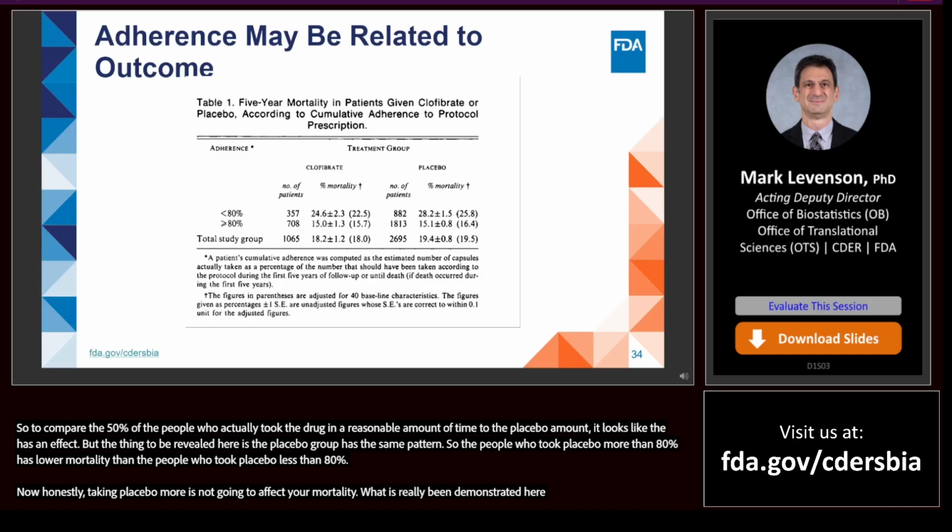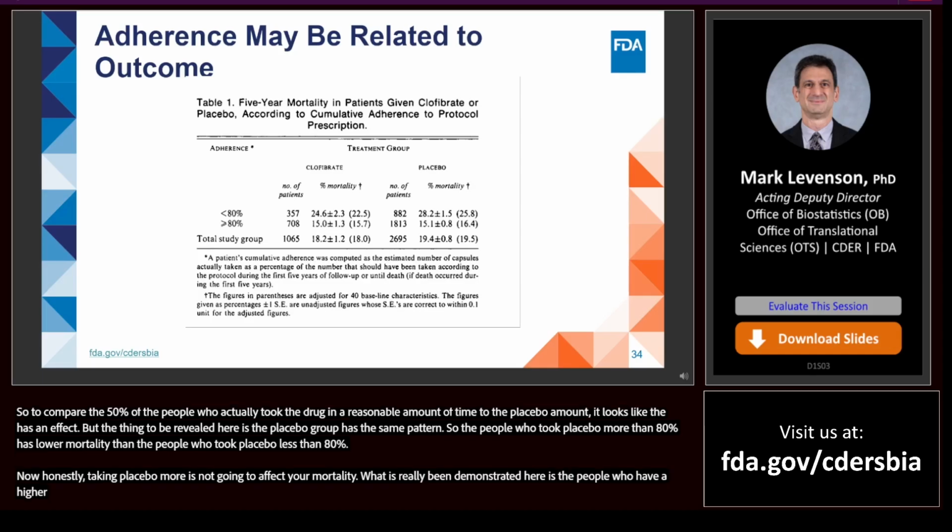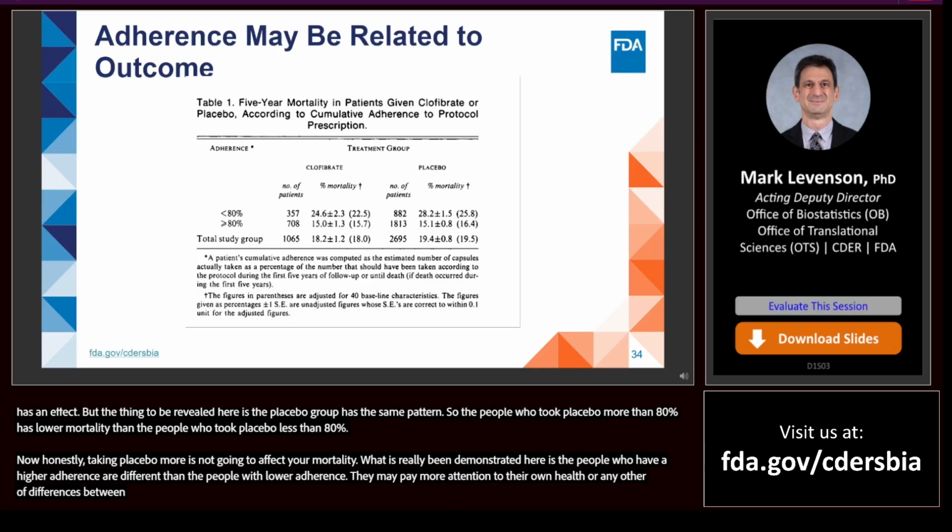They may have more attention to their own health, or there are any other number of differences between the two groups. And this difference, based on a post-baseline factor, can introduce bias, which doesn't show up if you do not divide by adherence, but when you start looking at adherence, you see that there are differences.